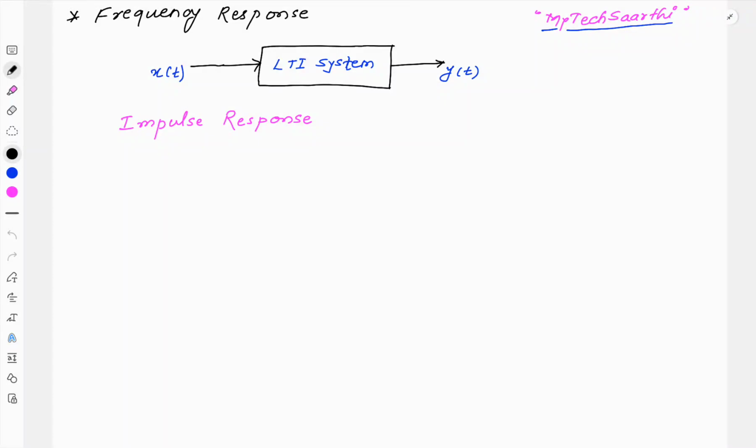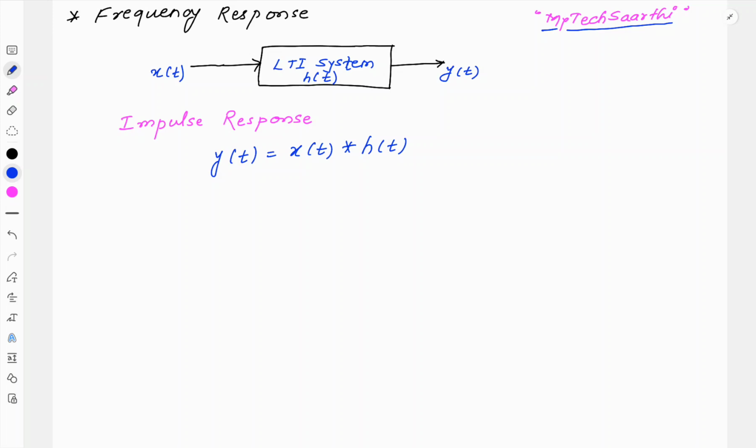In this video, we are going to study the concept of frequency response and impulse response. As we know, the output of a system is given by y(t) equal to x(t) convolved with h(t), where h(t) is the system transfer function or the impulse response of the system.